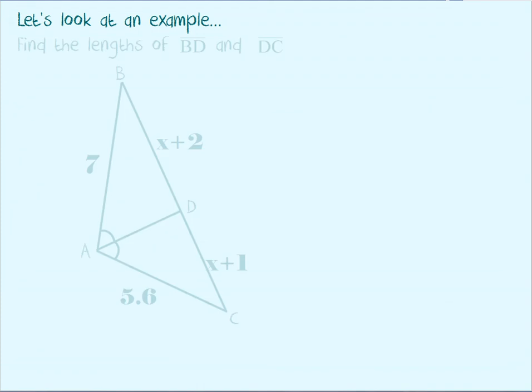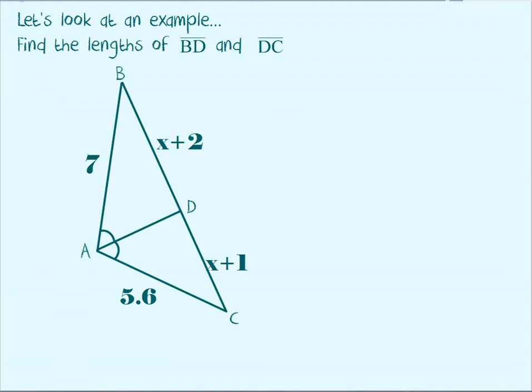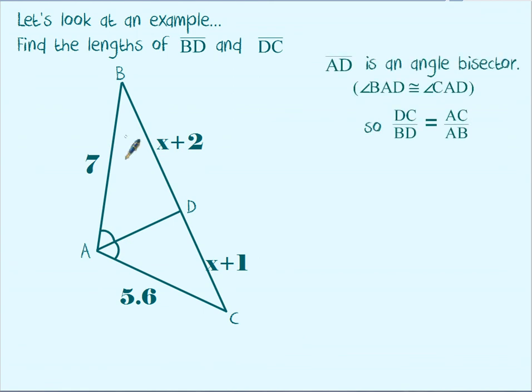So let's take a look at one more example with our angle bisector theorem. This is asking us to find the lengths of BD and DC. And if you look carefully, it does tell us that angle BAD and angle CAD, so these two angles right here, are congruent.